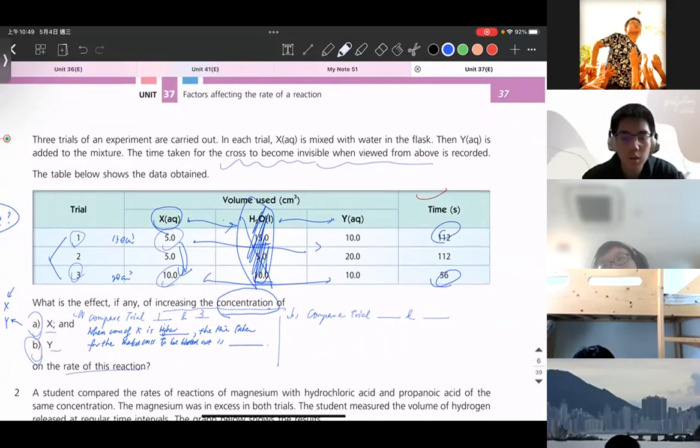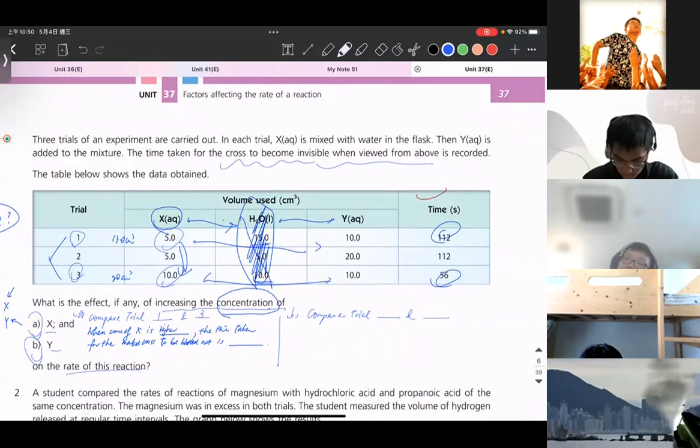The concentration smaller, the time taken is shorter. When the concentration of X is lower, the time taken for the mark cross to be blocked out is shorter. You mean that?